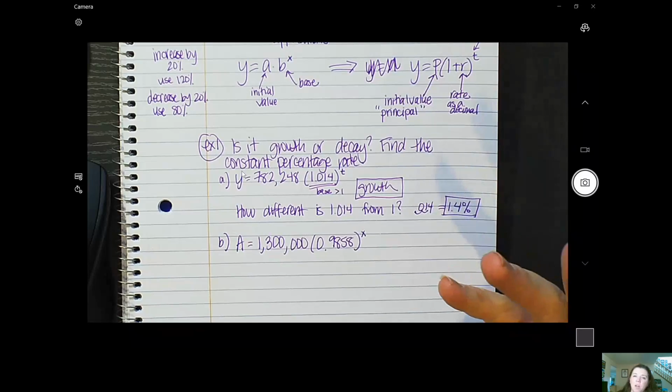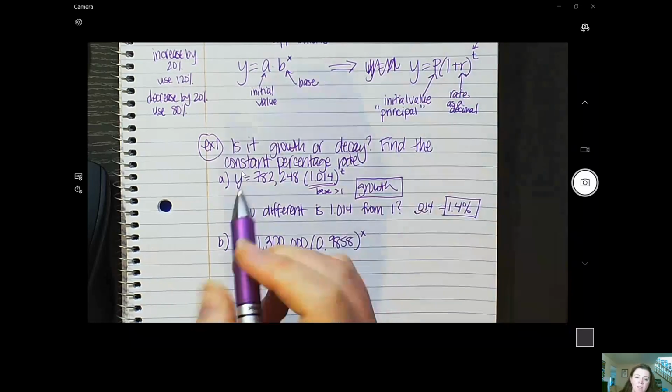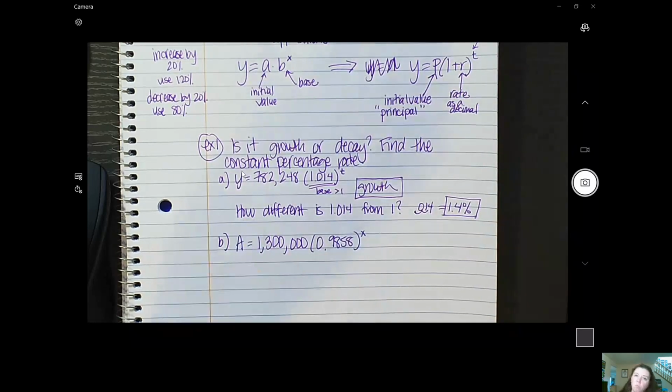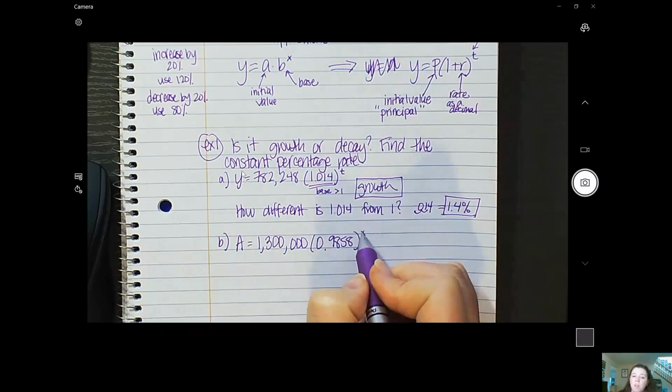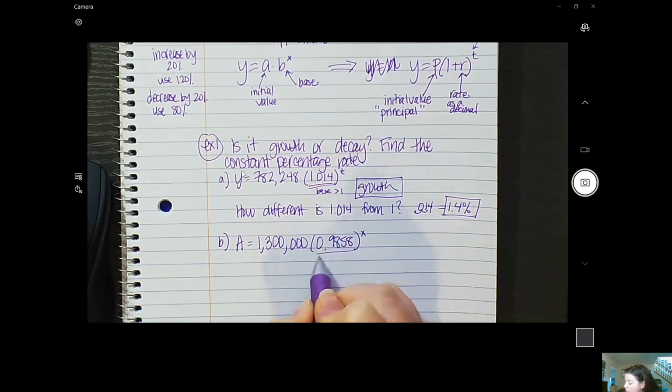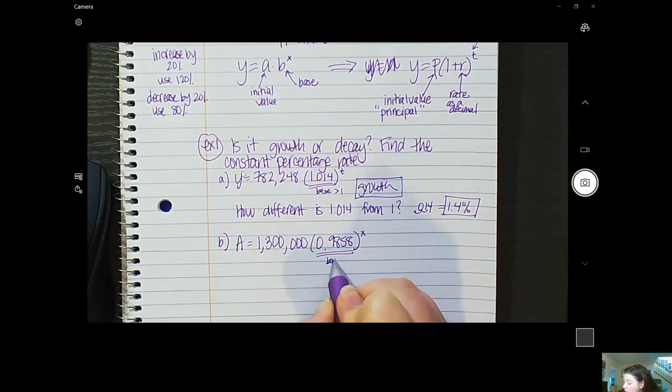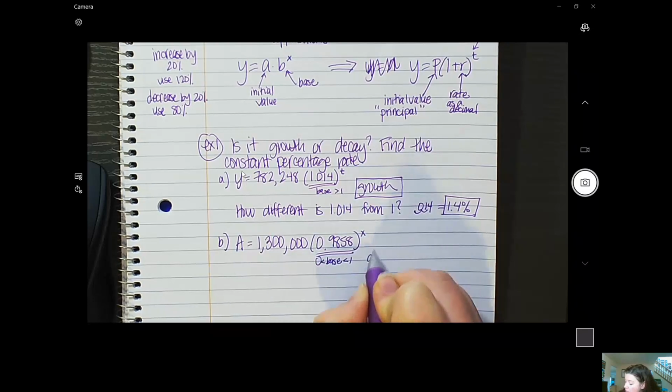Remember, they use different variables for stuff all the time. This is in the y spot, who cares? And then up here, they used an x instead of a t. Either way, we're looking right here. This is the base. Is this base bigger than 1, or is it between 0 and 1? Well, this one is in between 0 and 1, which means that this is decay.